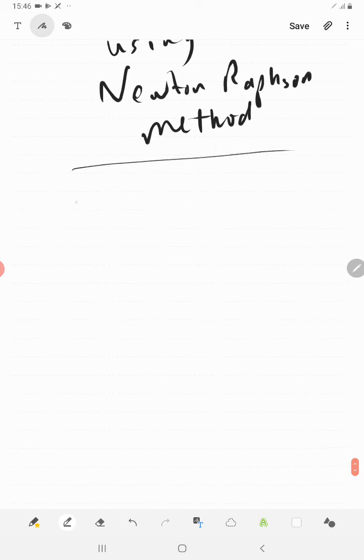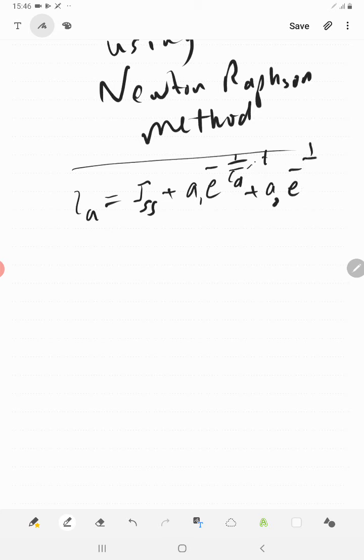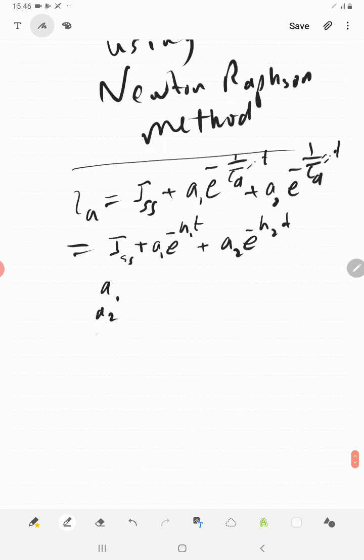We know IA envelope is equal to I steady state plus A1 e to the minus 1 over the transient time constant T plus A2 e to the minus 1 over the subtransient time constant T. Okay, let's just simplify it as I steady state plus A1 e to the minus H1 T plus A2 e to the minus H2 T. So find A1, A2, H1, H2, I steady state.